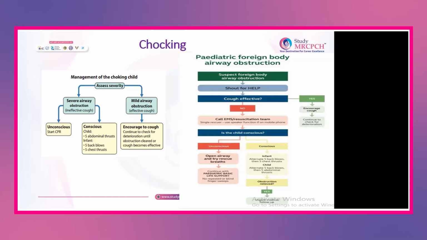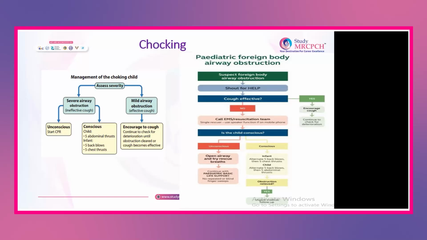But if the cough is ineffective and the child is conscious, our intervention is according to age. For an infant, we give 5 back blows and 5 chest thrusts. For a child, we give 5 back blows and abdominal thrusts until the object is out and further care follows.